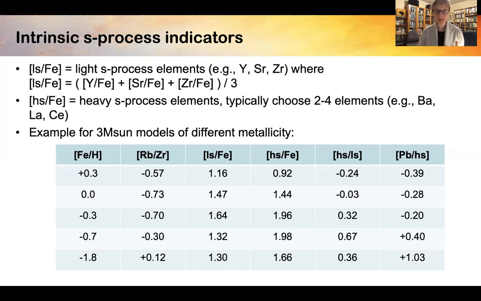So my 3 solar mass low metallicity star is hot enough to ignite neon-22 alpha n, whereas it isn't at solar metallicity. By the time I get to -1.8, I'm making more rubidium than zirconium in this particular model. I've opened up my branching points and ignited neon-22 in the convective thermal pulses of the low metallicity 3 solar mass star.